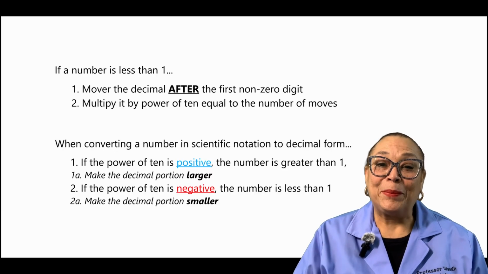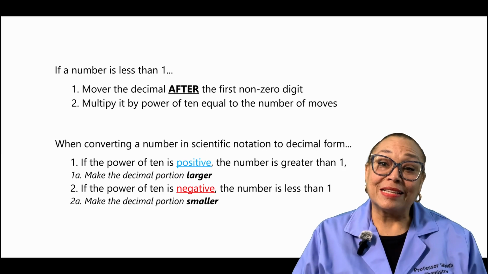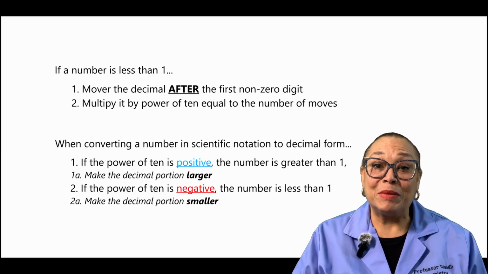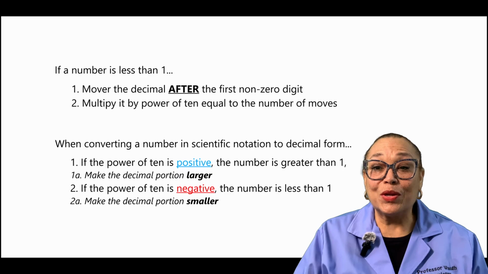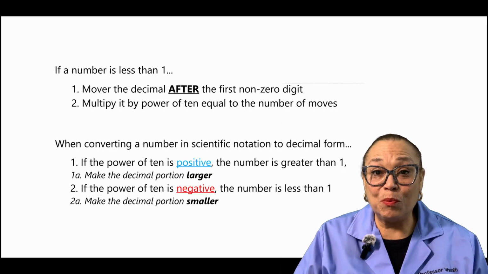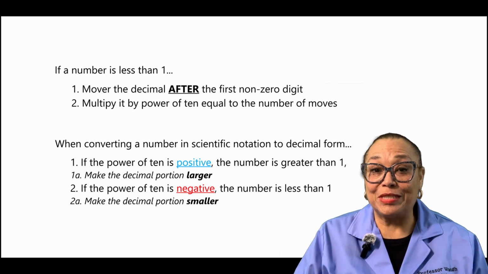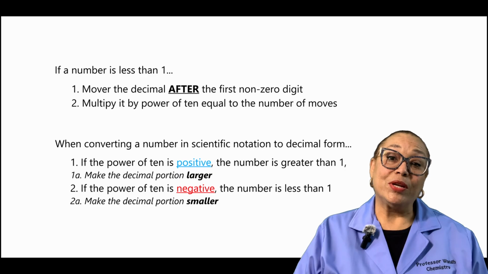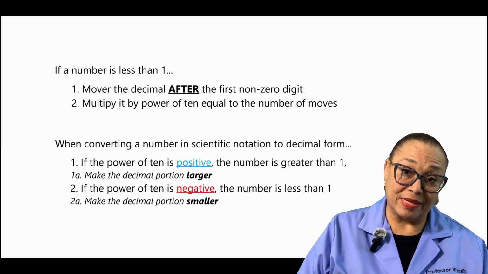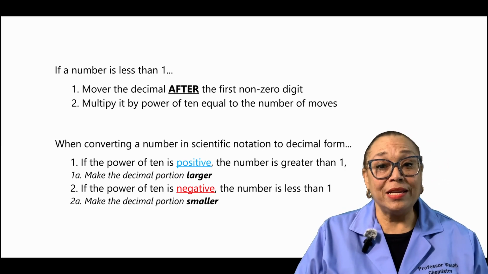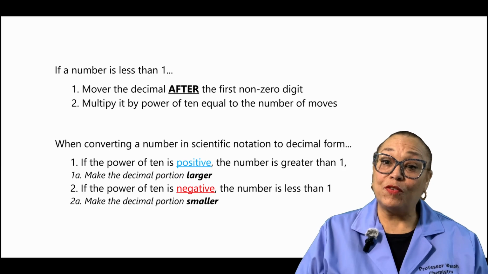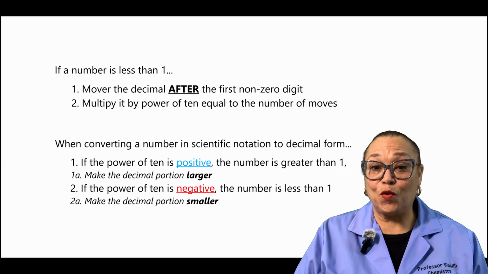As a recap, when a number is less than 1, the power of 10 must be negative. During the conversion process, make sure to bounce the decimal point until it is after the first non-zero digit. We also went over reversing the process, specifically turning a number in scientific notation to decimal form.